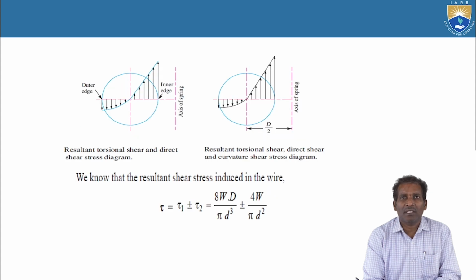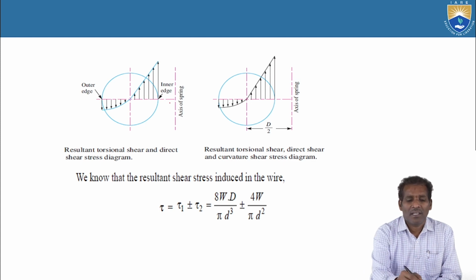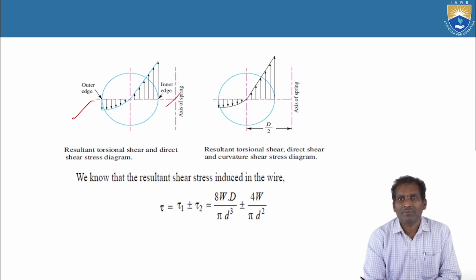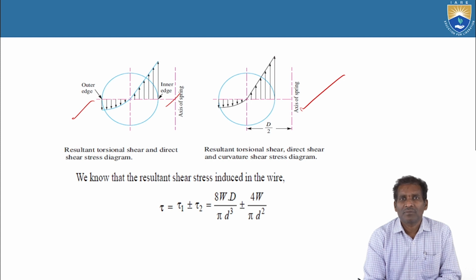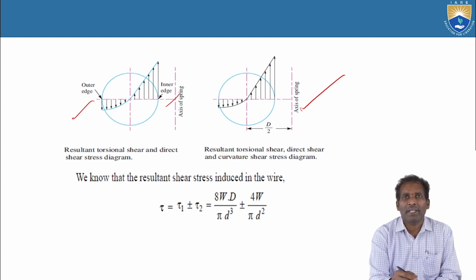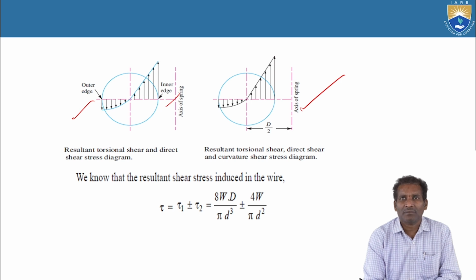The resultant shear stress and the direct shear stress diagram are shown in this slide. What is the shear stress at the inner edge and outer edge? Resultant torsional shear, direct shear and curvature shear stress diagram. One is due to the direct shear stress, another is due to the curvature shear stress.